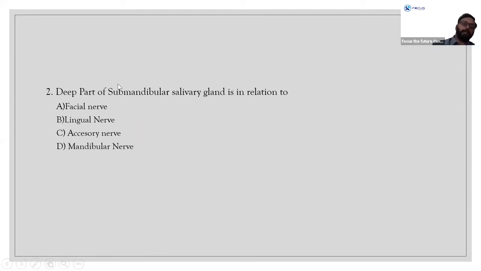Deep part of the submandibular gland is in relation to which nerve? Superficial part, which nerve, which artery, and which vein are related?